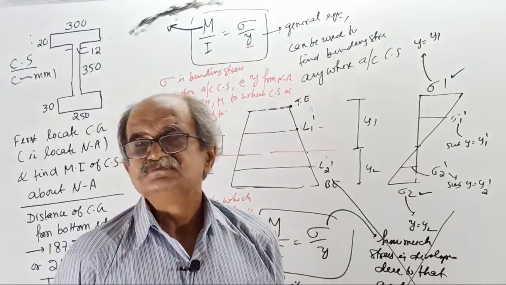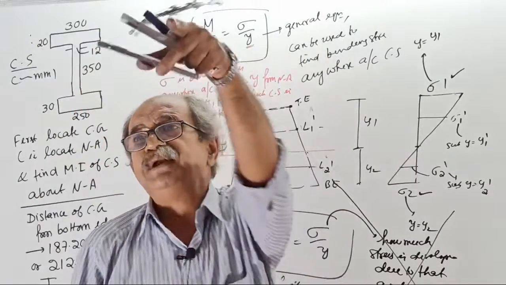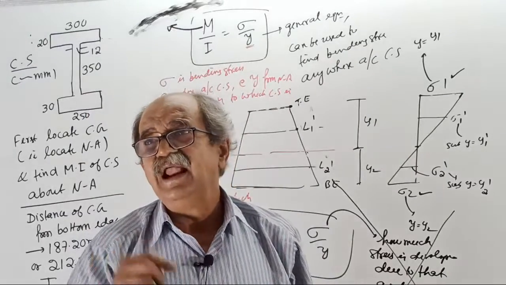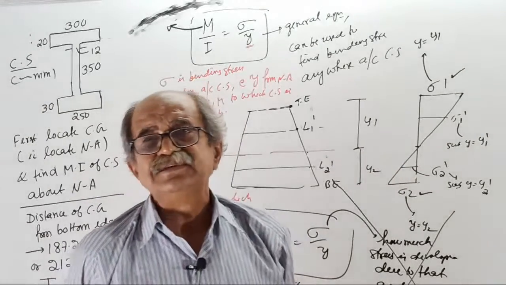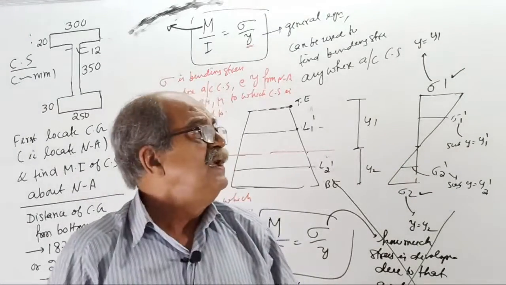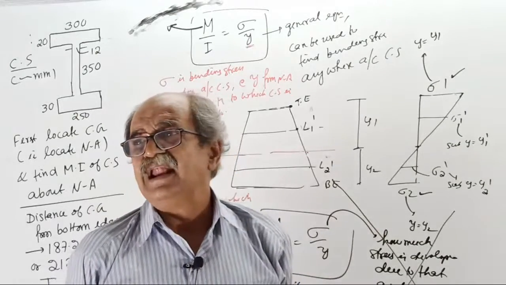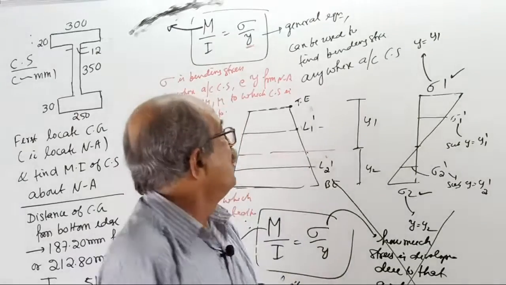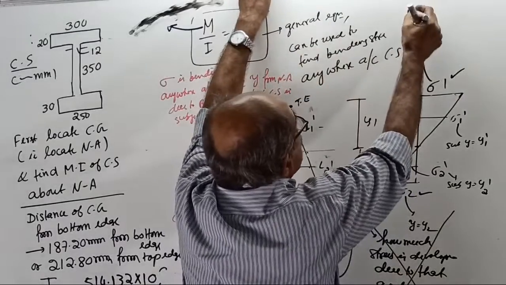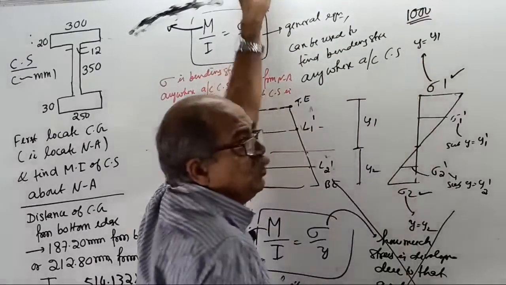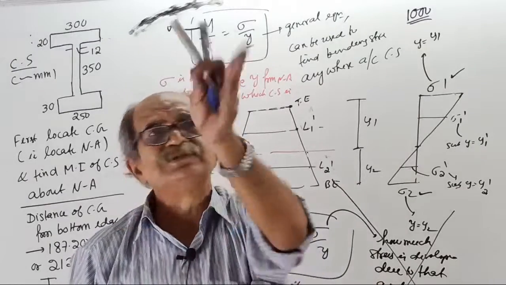Nobody bothers. But remember that you have to bother when you go to moment of resistance, because its definition is: the moment of resistance of a cross section is the maximum bending moment which the cross section can safely resist. For example, if you have 1,000 rupees with you and you go to a hotel and order food for 1,500, he will put the bill for 1,500.